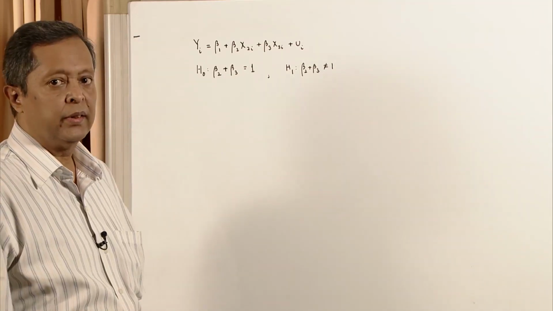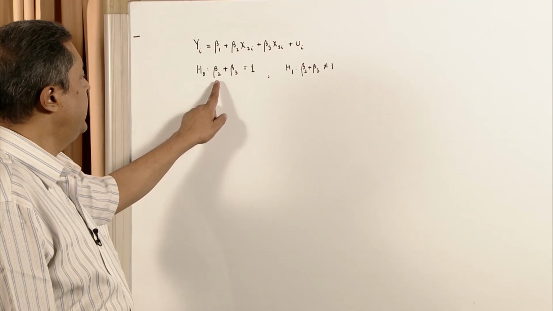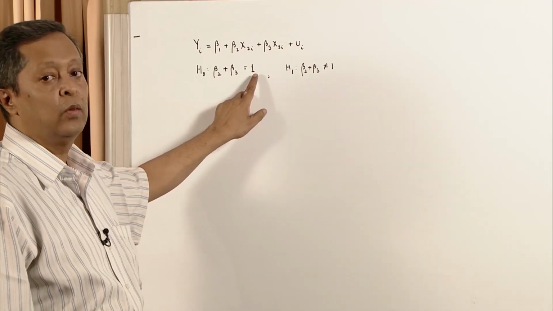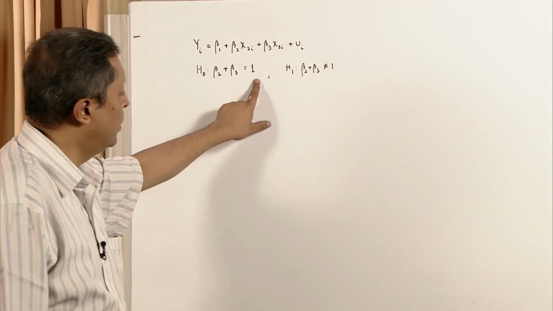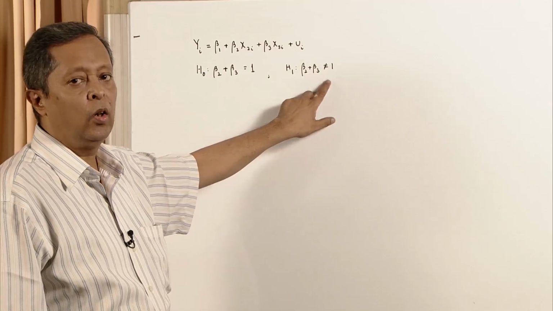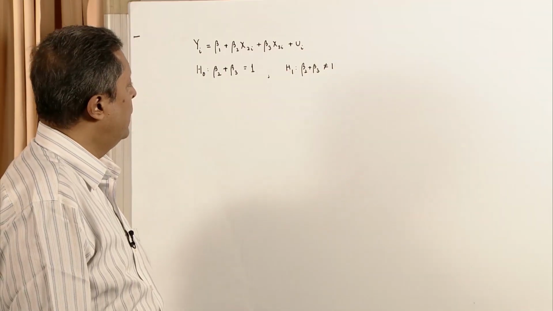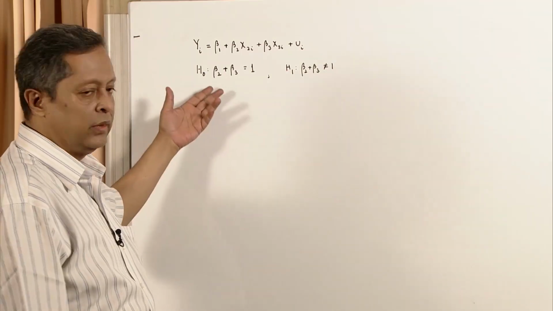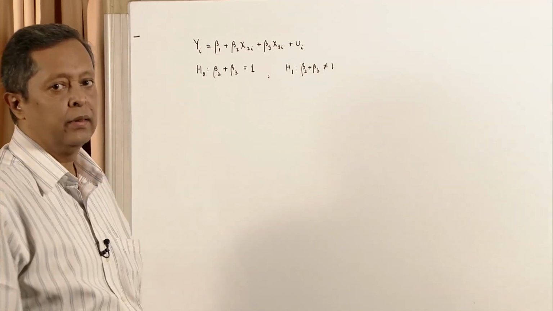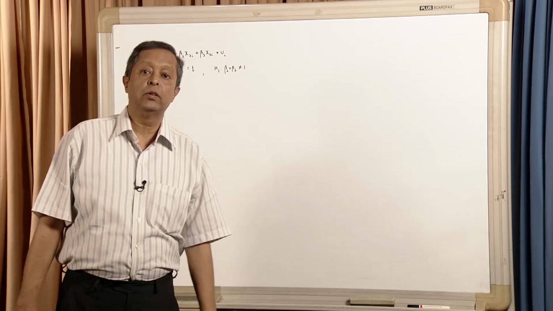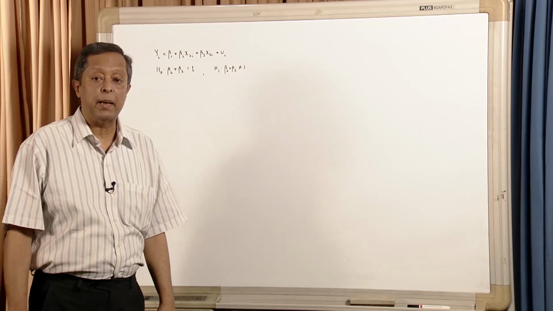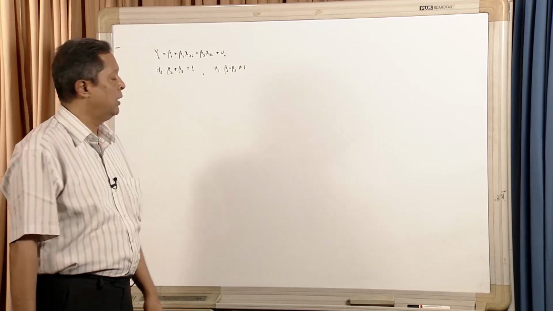Suppose we consider the null hypothesis that beta 2 plus beta 3 is equal to 1 and the alternative hypothesis beta 2 plus beta 3 not equal to 1. We will now test whether this holds good or not, and we recall that in order to test about these coefficients, we make use of their sampling distributions.